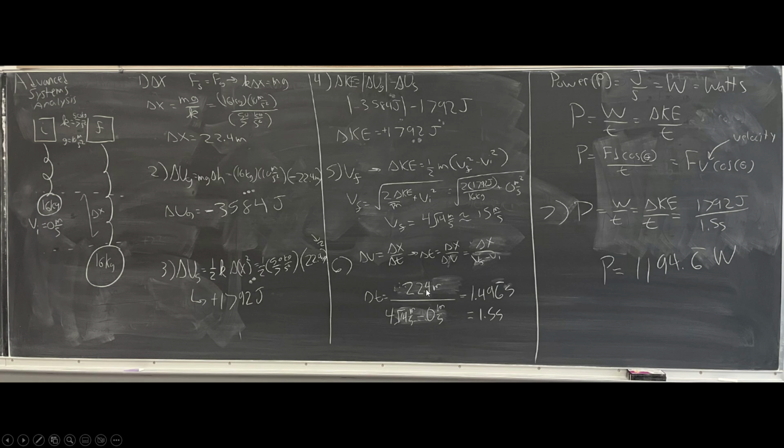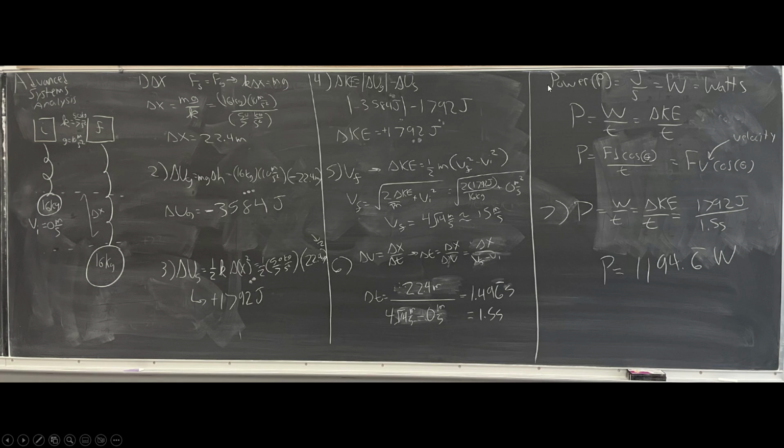That would be 22.4 meters divided by 4 square root of 14 minus 0, or whatever actual value we were given for vi. That comes out to 1.4966 repeats seconds, which just for lecture, we're going to say roughly 1.5 seconds.